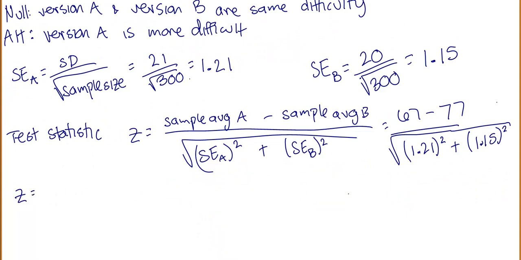A few things: make sure you have everything inside the square root in parentheses, and everything on the top needs to have parentheses. So it kind of looks like this. I'll add in red where you're going to need your parentheses.